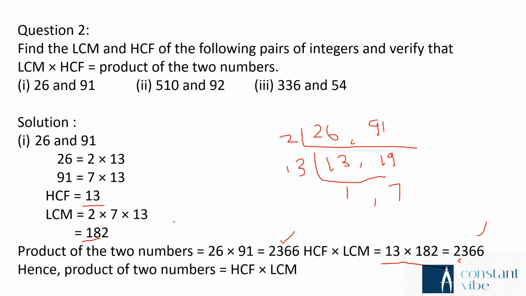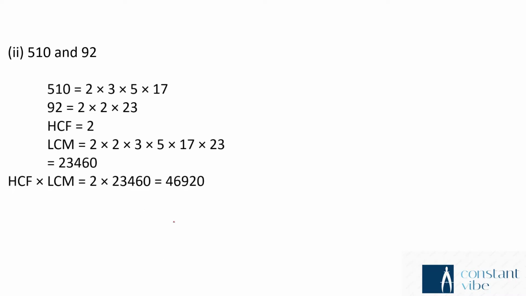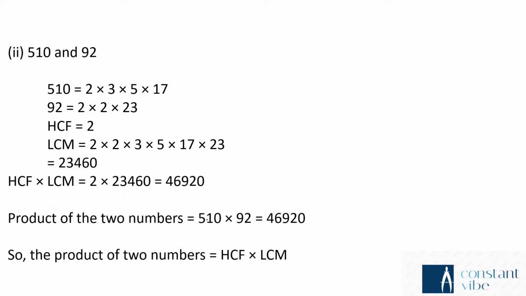Similarly the second question, here also we are finding the HCF first and LCM. Here HCF into LCM is equal to this one. Later the product of these two numbers is this one, so here you can see both will be equal.